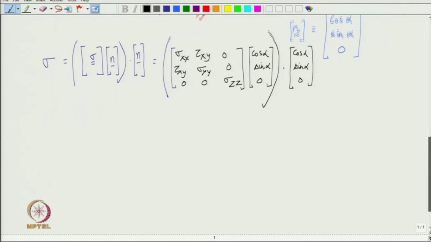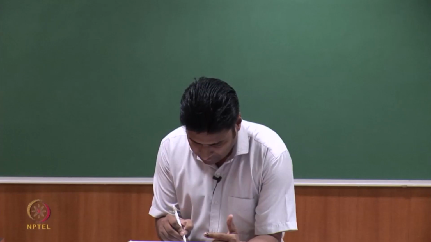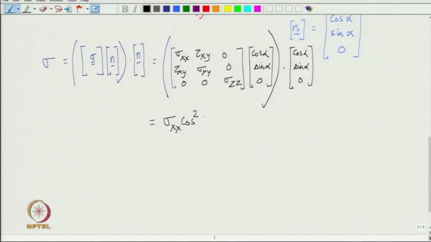Okay. And so, you work it out and finally, you will see that this becomes sigma xx cos square alpha plus 2 tau xy sin alpha cos alpha plus sigma yy sin square alpha. Okay. So, that is the formula for the sigma.